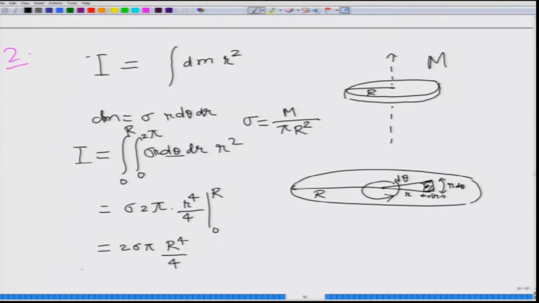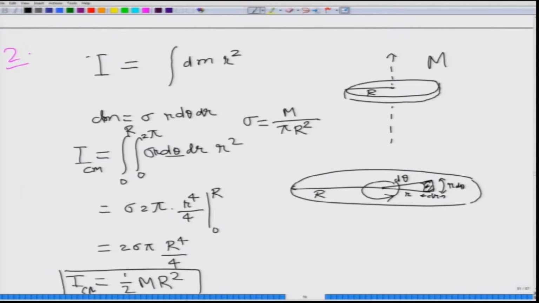If we put in the value of sigma, we see that I turns out to be 1 by 2 M R square. So this is the moment of inertia of this disk about the center of mass axis.